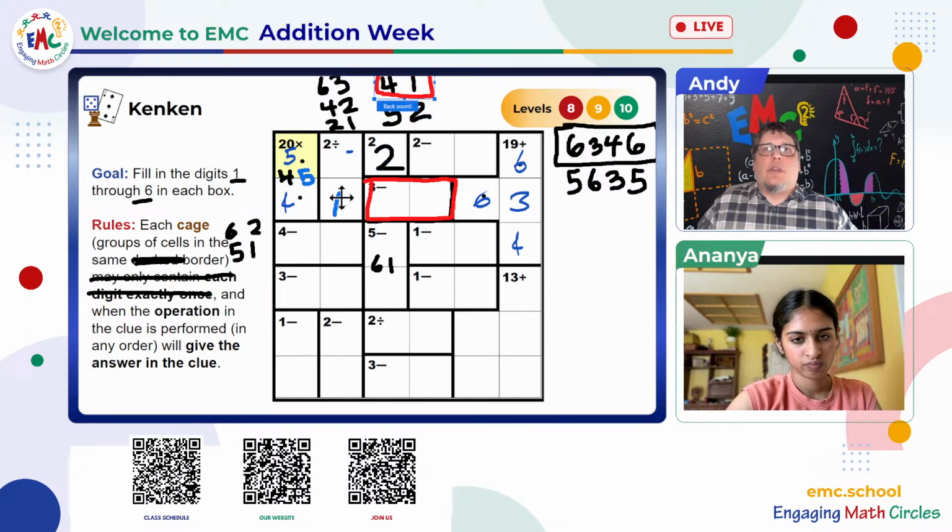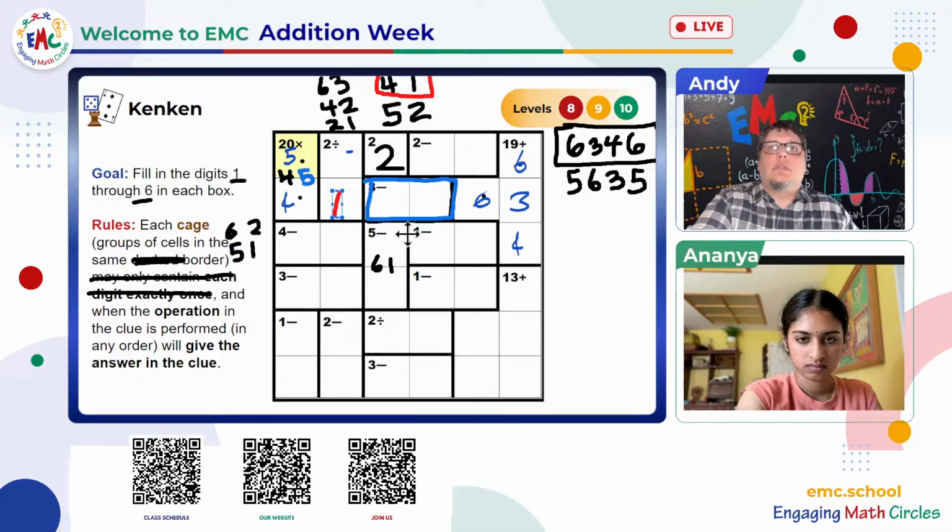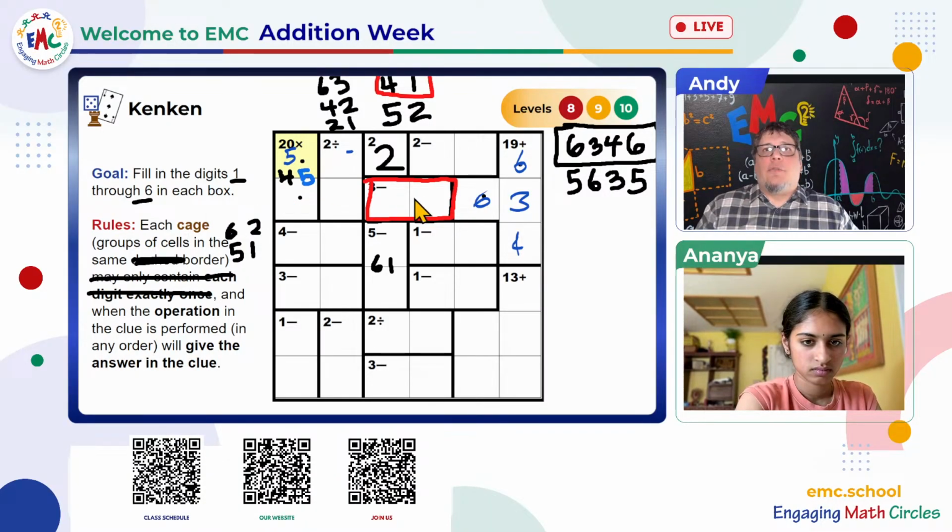Which puts the 5 where? 5 can be down there, the bottom position, because there's a 4 here. The 4 can't be here. It has to be on top.